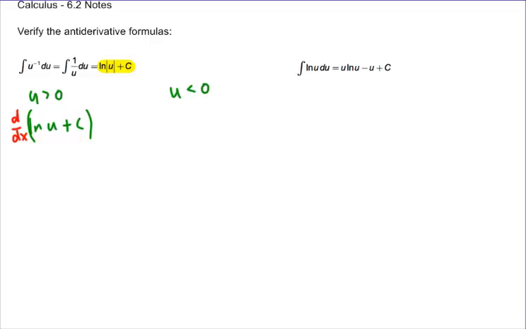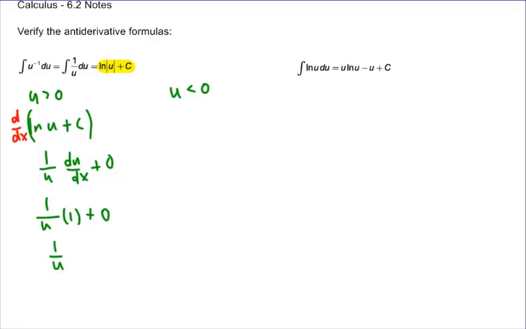This turns out to be 1 over u times du dx plus 0. And du dx in this case is just the derivative of u, which is 1. So 1 over u times 1 plus 0 is 1 over u. And hey, guess what? That's where we started.